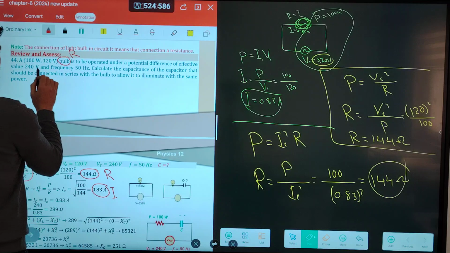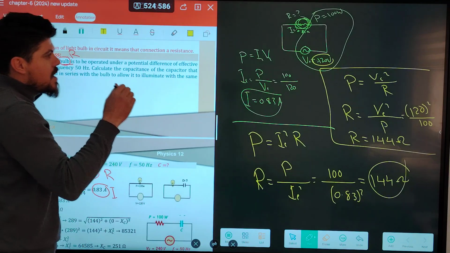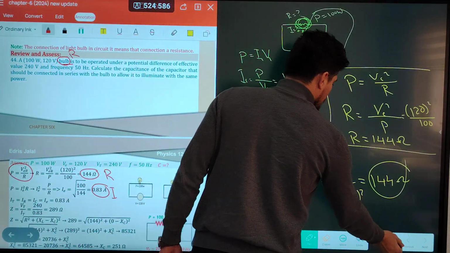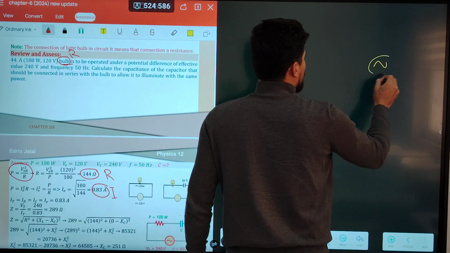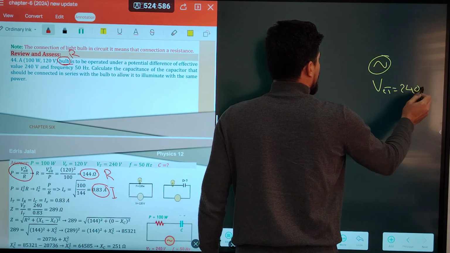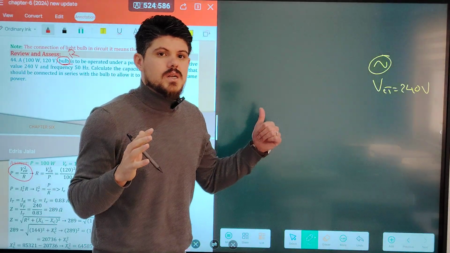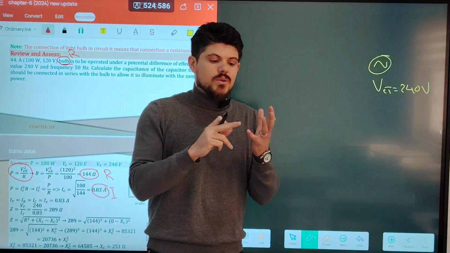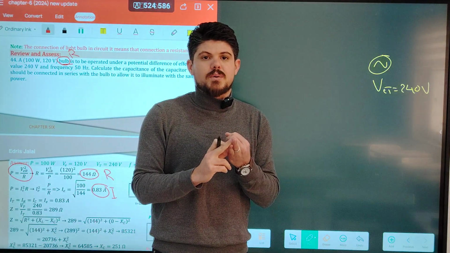Under the potential difference, this resistance is now connected with another source. This is the second source, guys, and in the second source, V effective total is equal to 240 volt. In the first circuit, we found both the resistance and the current of the light bulb.